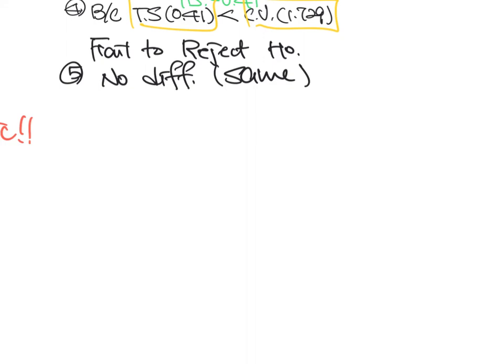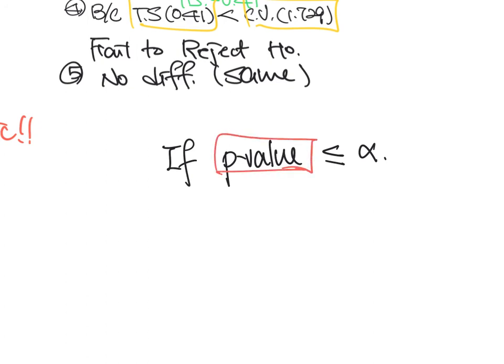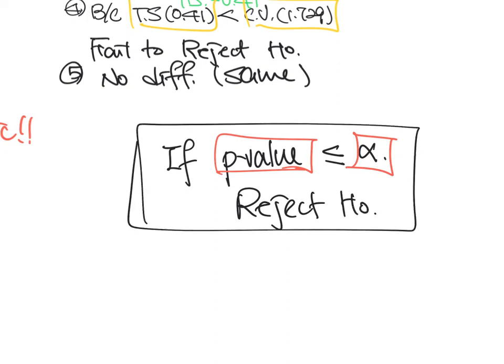Before, with the p-value approach, the decision rule was if the p-value is less than or equal to alpha, then reject the null hypothesis. In this case, we compare two probabilities, the p-value and alpha. It is the decision rule in the z-test.